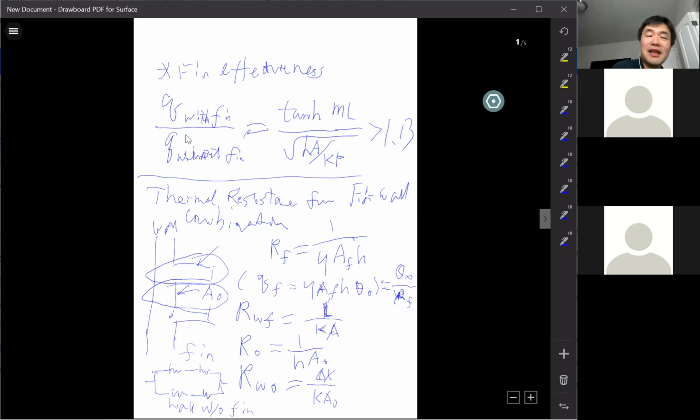Then in the fin design, you want to calculate the efficiency of that fin too. Then you calculate the heat transfer with the fin only, compared to the ideal heat transfer with the fin. In that sense, you don't need to consider the wall, just the fin itself. So there are several things you need to know, the difference and why we do that. Is that clear conceptually?